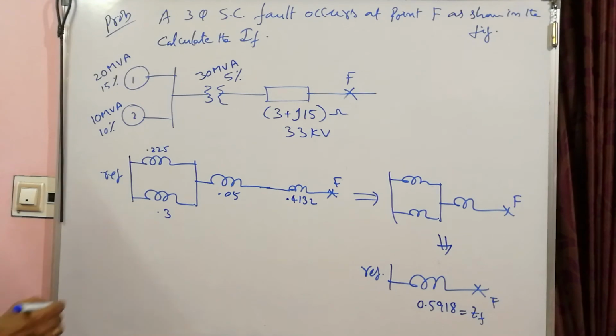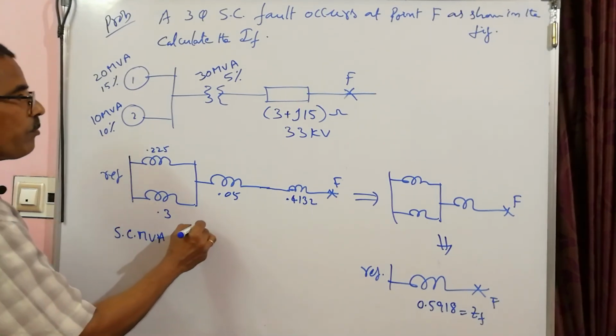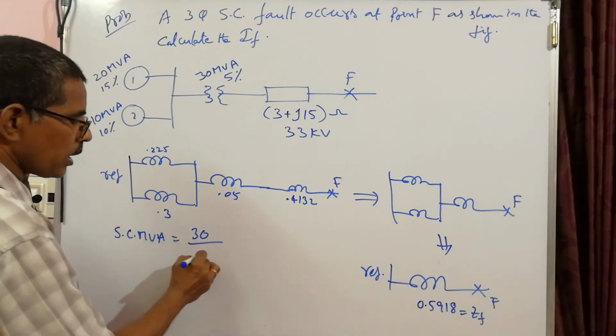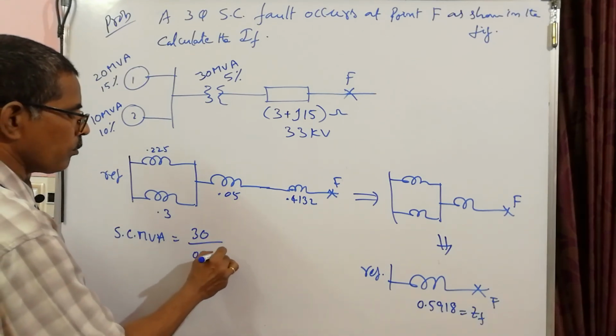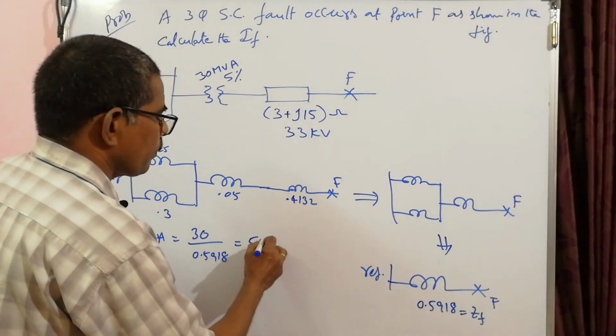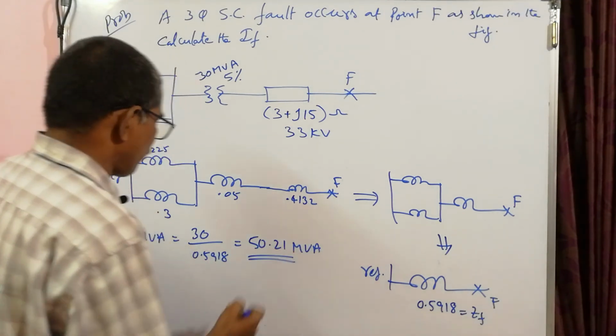Okay. Now, what is short circuit MVA? It is base MVA which is 30 by ZF, 0.5918. So, this value is 50.21. This is short circuit MVA.